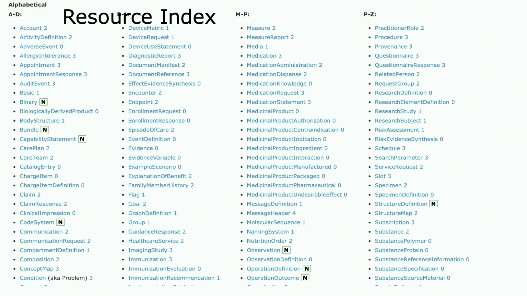The letter N refers to a concept in standards called normative, meaning that version of the standard you can expect to be stable and no breaking changes will be made in the foreseeable future.